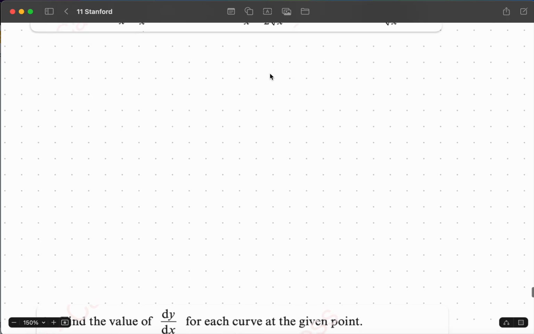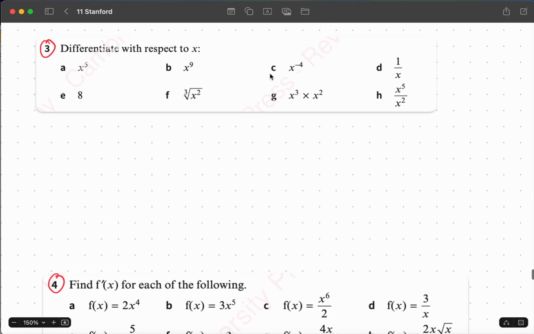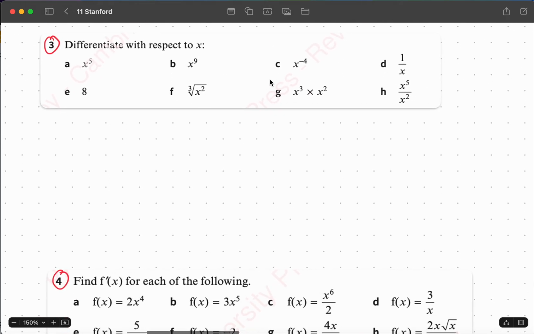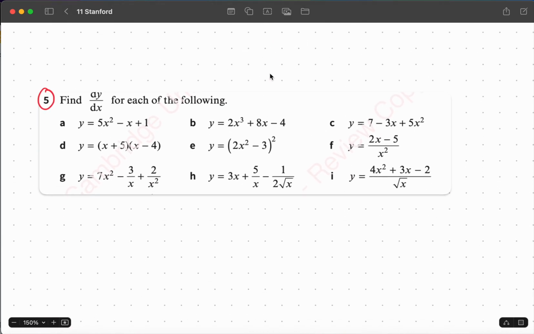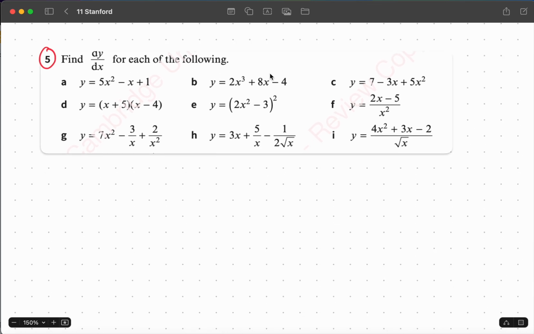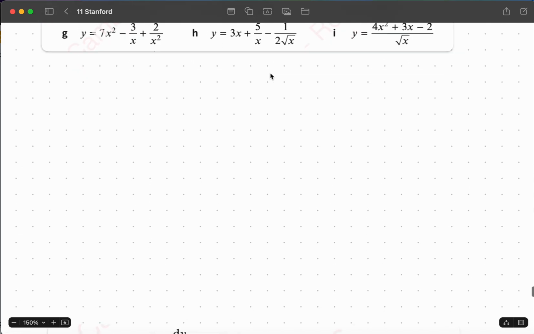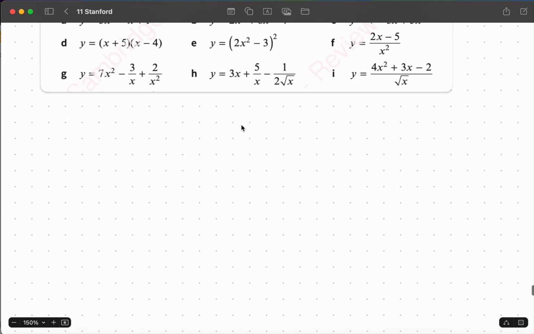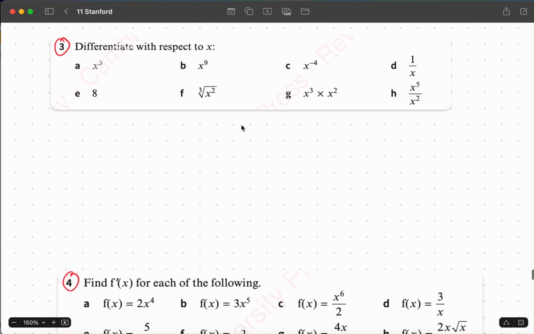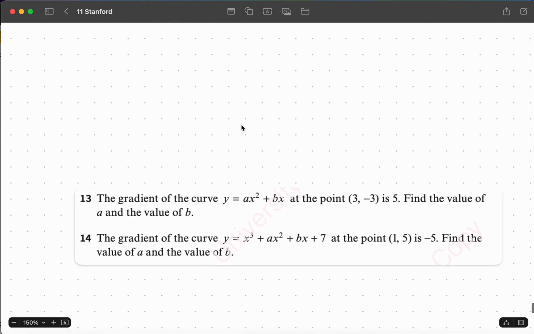Maybe we start from 3. 3 is quite good. For number 5, just do all of them, it's okay. And then please do number 7 as well. Okay guys, so this is what you need to do in the class. So do number 3, 4, 5, and 7, okay guys?